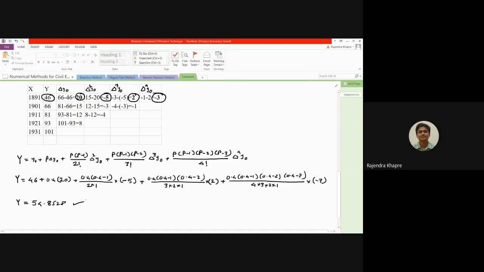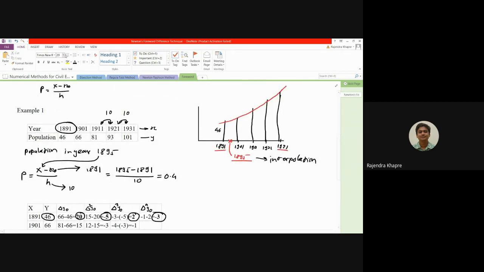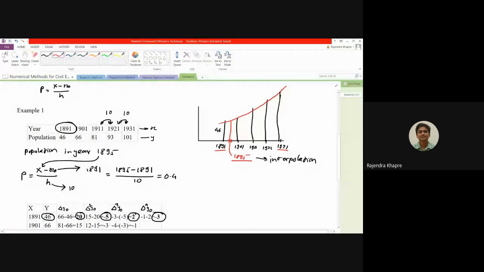Okay, so if you go back to the graph, what we are getting over here is this column. Okay, this column is the value of y, and we are getting something like 54.85. So this will be the population of a certain city in 1895.